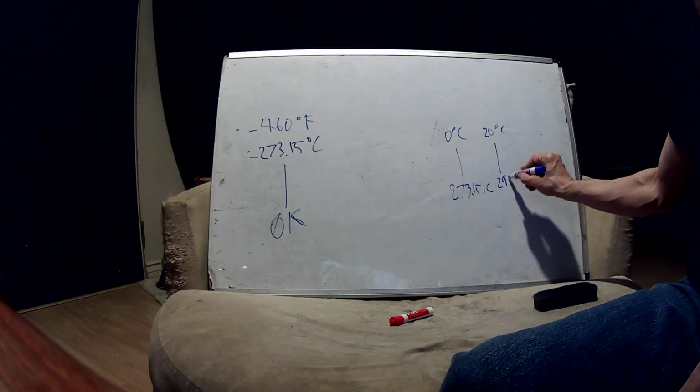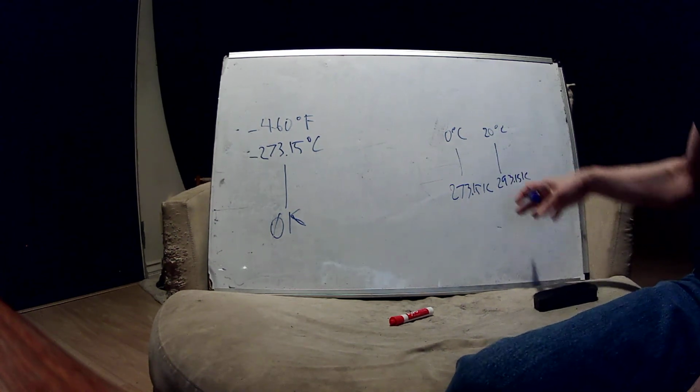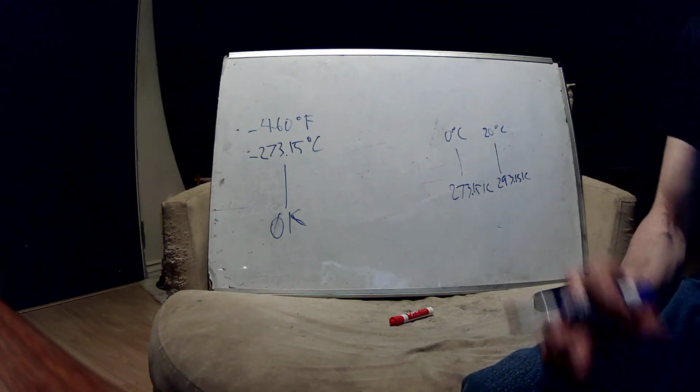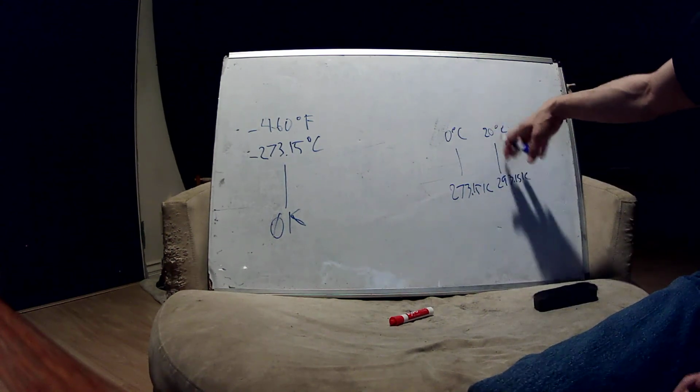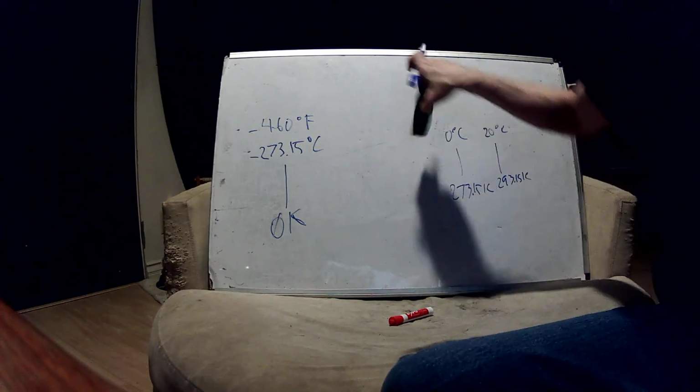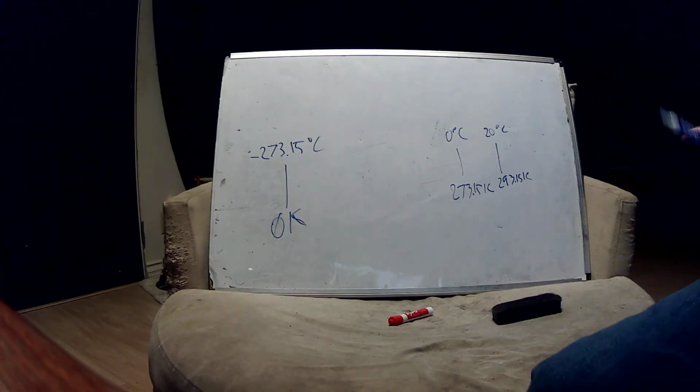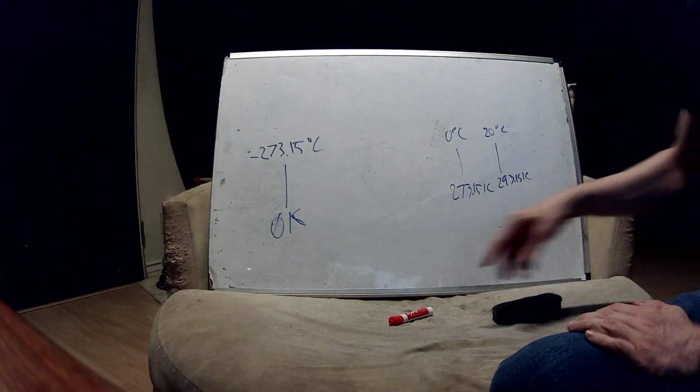So this is like 293.15 Kelvin. This is somewhere in the 70s in Fahrenheit, but we're not going to talk about that. Actually, you know what? We're never talking about Fahrenheit again because Fahrenheit's dumb.